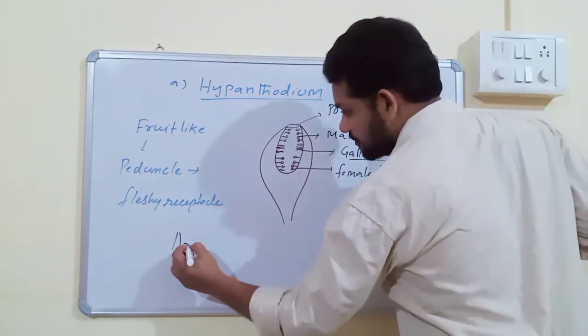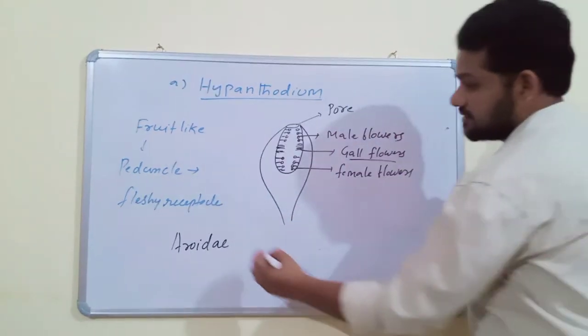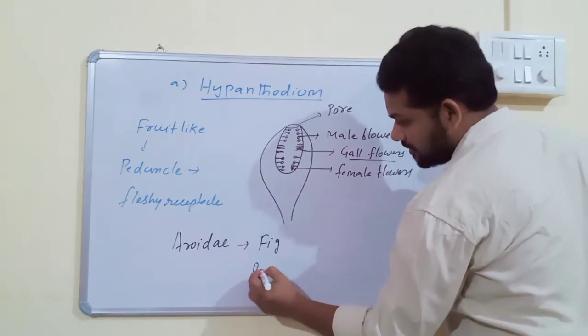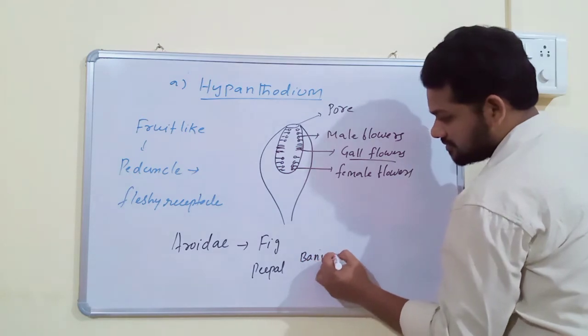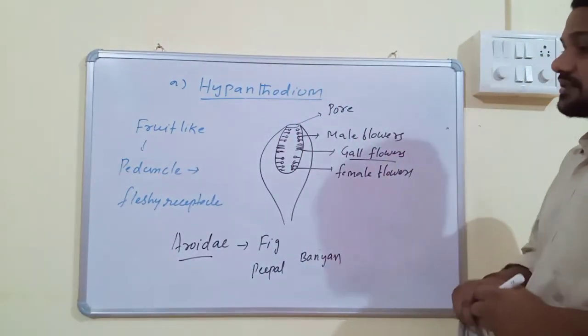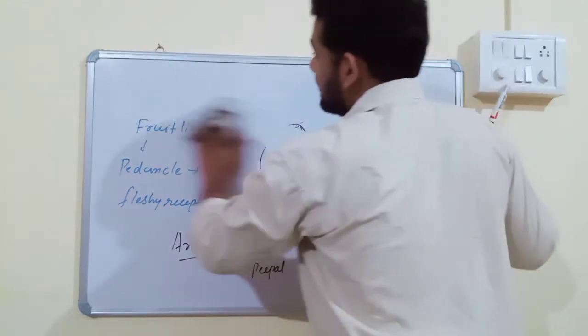This type of inflorescence is the characteristic feature of the family Moraceae. Some examples are fig, peepal, and banyan tree. This is the first special inflorescence.